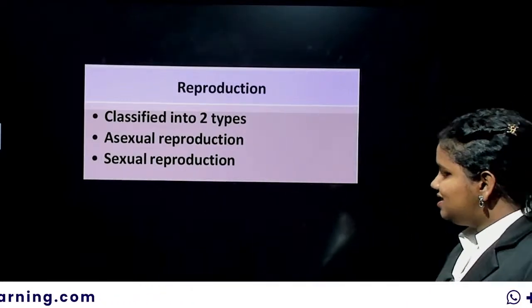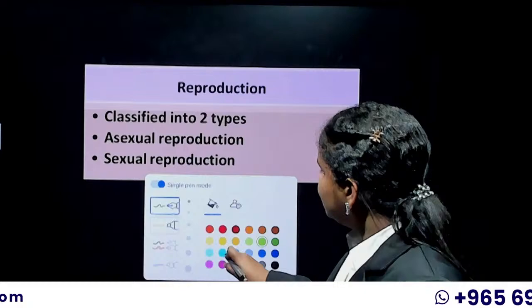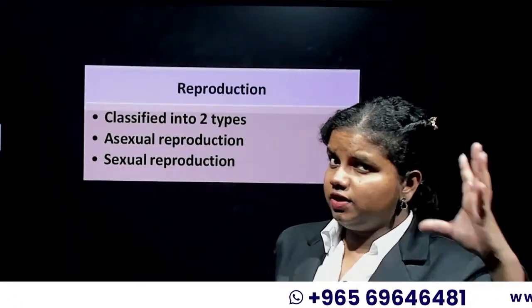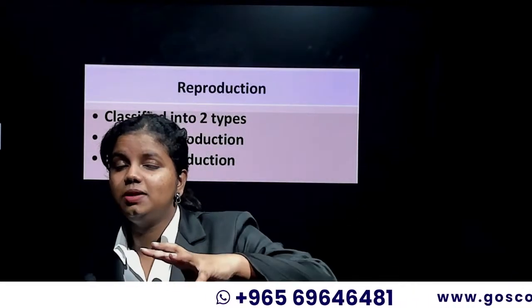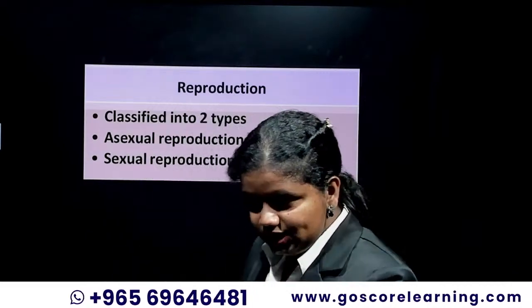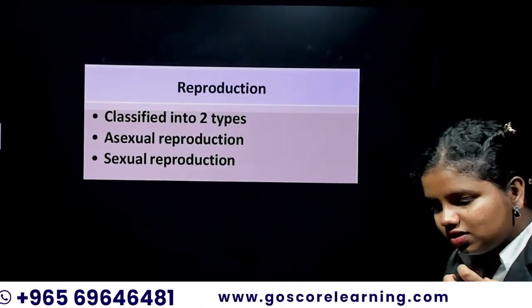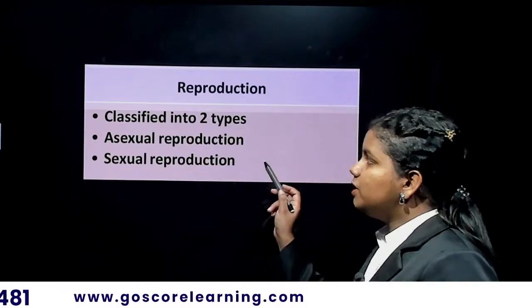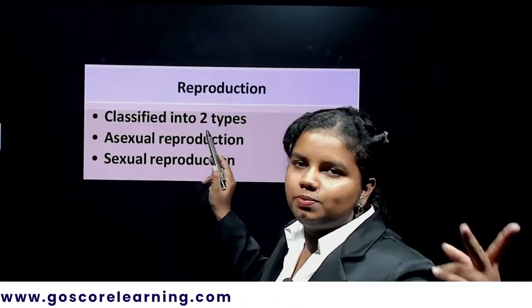Now let's discuss the major content of the chapter, that is reproduction. Reproduction is nothing but a biological process which leads to the formation of an offspring, right? And this offspring formation, or creating a new baby, can happen in two different ways according to biology.